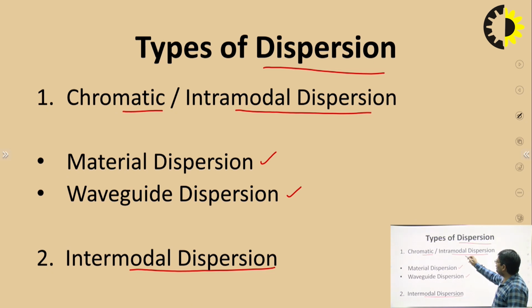As is clear from the name intramodal, for this type of dispersion to occur only a single mode is required. A single mode can propagate in single mode fiber as well as in multi-mode fiber. So intramodal dispersion can occur in all types of fiber.